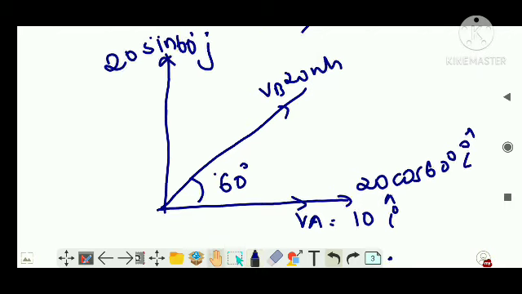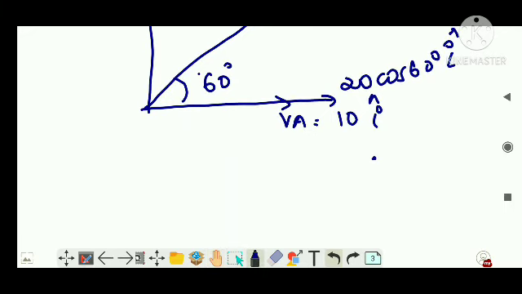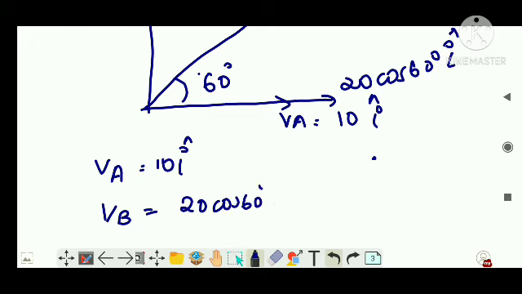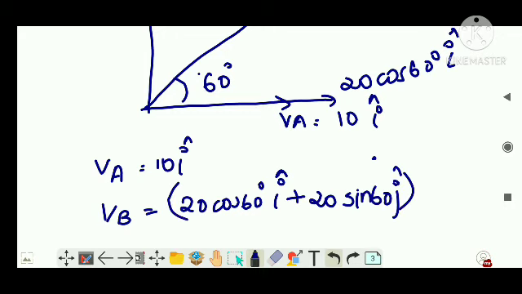Clear? So how can I write VB actually? VA we can write as 10 i cap, and VB will be written as a combination of cos and sine, that is 20 cos 60 i cap in this direction plus 20 sine 60 j cap. Clear? Right.